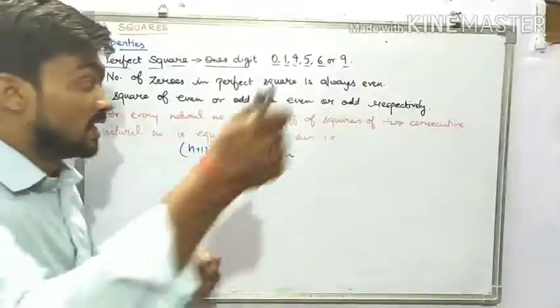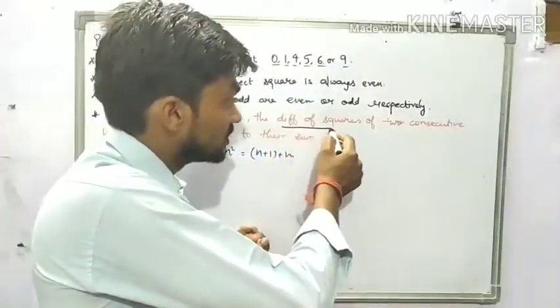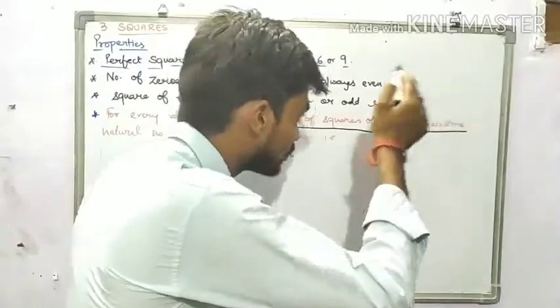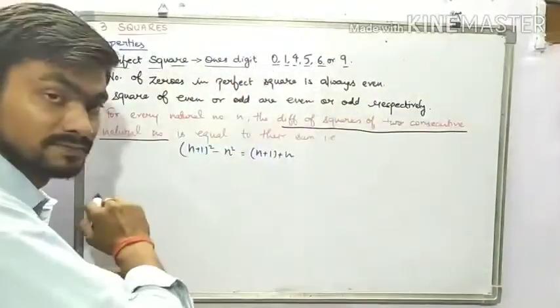Keep in mind, the difference of squares of two consecutive natural numbers.